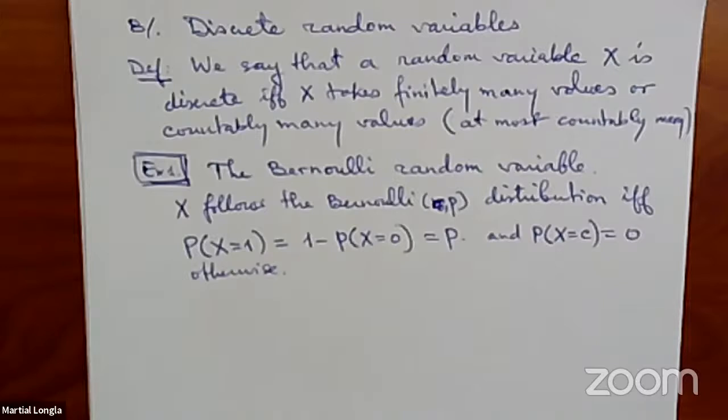So this random variable doesn't always start with 0 and 1, okay? 0 and 1 can just be assumed as notation. You can run any experiment that has only 2 possible outcomes. You choose one of them to call success and the other one failure, and you define the random variable that gets value 1 for success and 0 for failure, and you get the Bernoulli random variable. Okay.